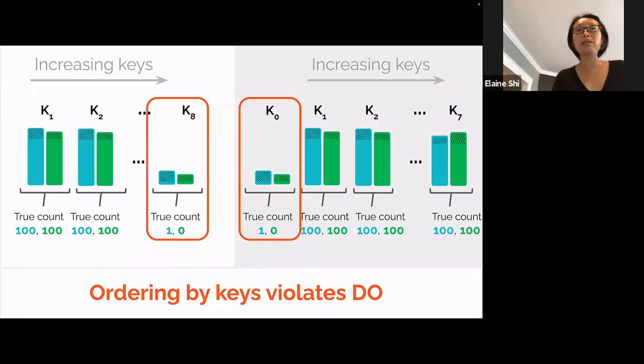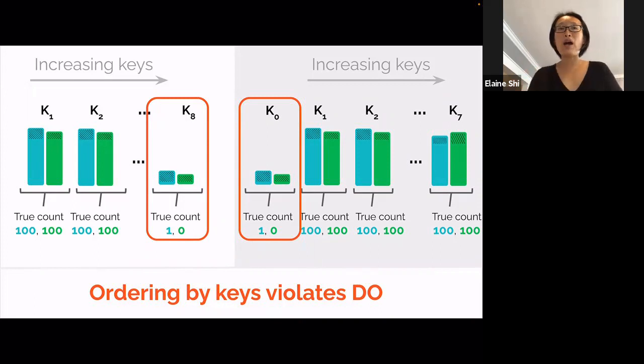Consider two databases that are neighboring. In both databases, the keys K1 through K7 appear 100 times in each table. In the database on the left, the largest key K8 appears once in the blue table, and it doesn't appear in the green table. In the database on the right, the single item with the largest key K8 is replaced now with K0, which is like the smallest key. And again, it appears once in the blue table and doesn't appear in the green table.